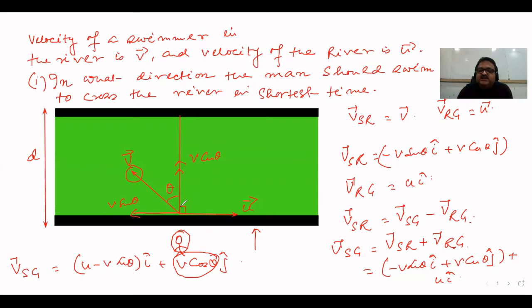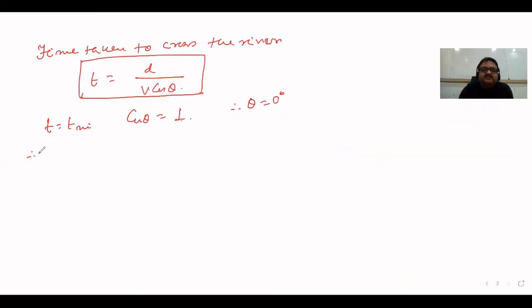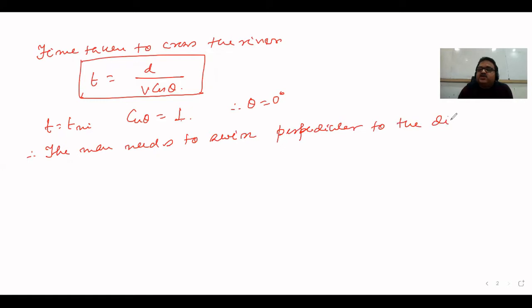So the answer is the man needs to take the stroke making an angle 90 degree with the direction of flow of river. Correct? Clear? So that means the answer is this: the man needs to swim perpendicular to the direction of flow of river.